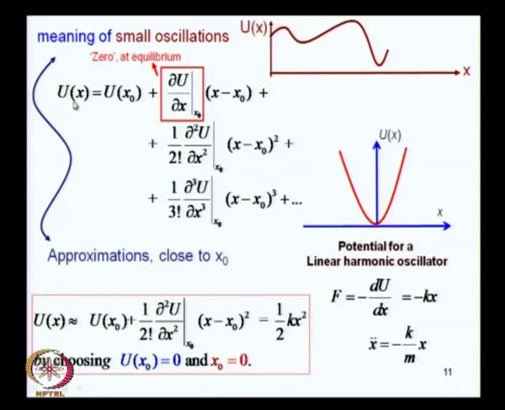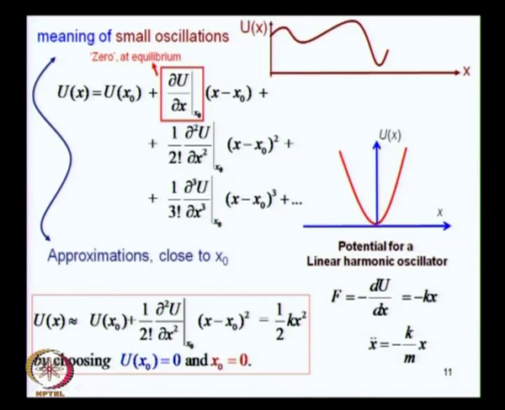Whenever you are talking about an approximation, you are saying that a certain quantity is nearly equal to the other side of an equation. It is not exactly equal. When you say 2 into 2 is equal to 4, you have an exact equality, but when you say that 2 into 1.9 is nearly equal to 4, you are dealing with an approximation. So here the left hand side gives you the exact potential at the point x, the right hand side is an infinite series.